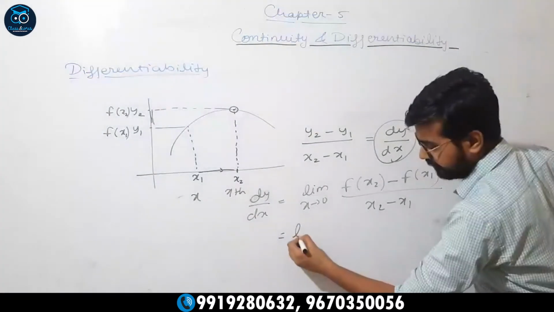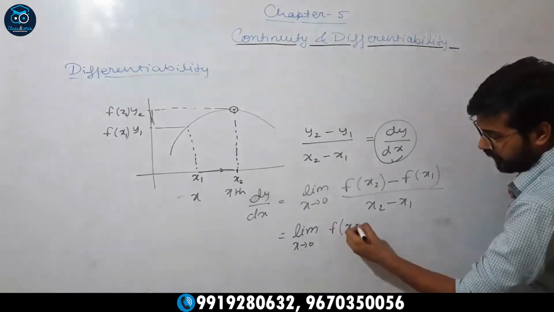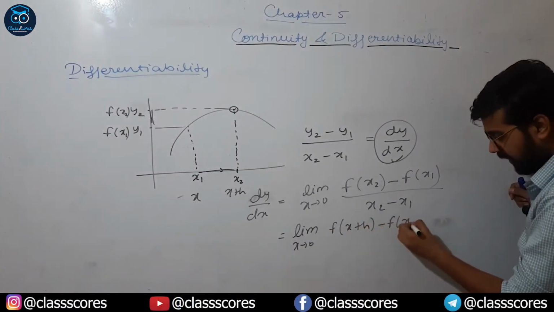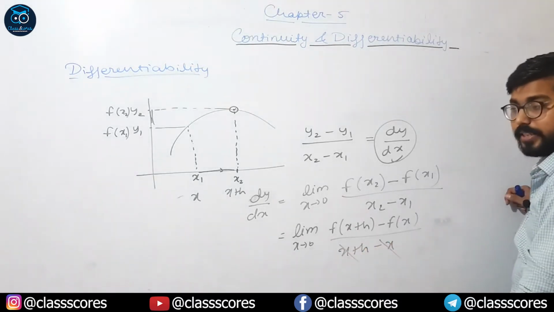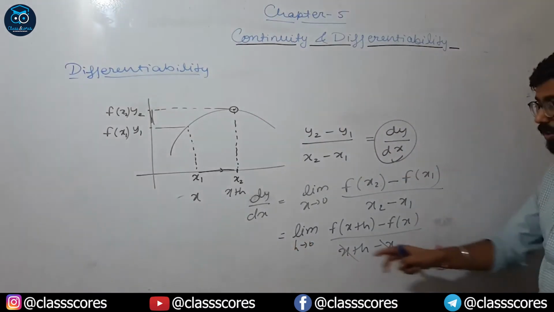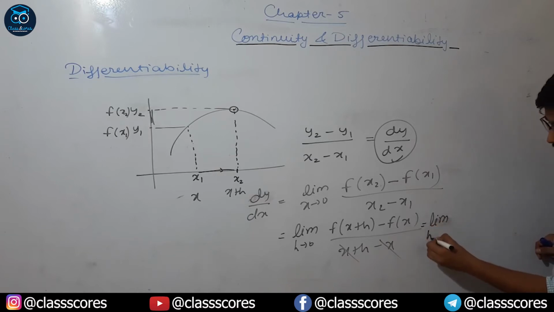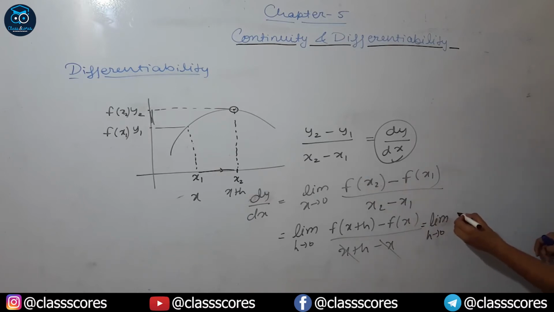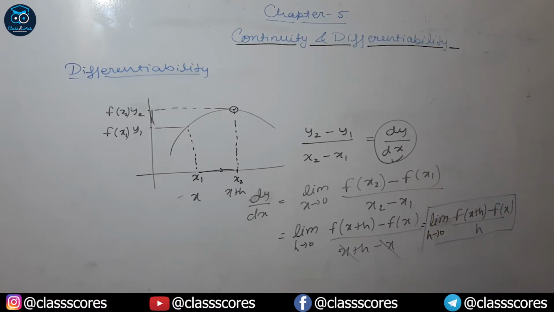Now apply here f of x plus h minus f of x upon x plus h minus x. So x will cancel out, and here the change will convert to h tends to 0. So finally we can say dy upon dx is nothing but f of x plus h minus f of x divided by h, and this is basically known as the first principle of differentiation.